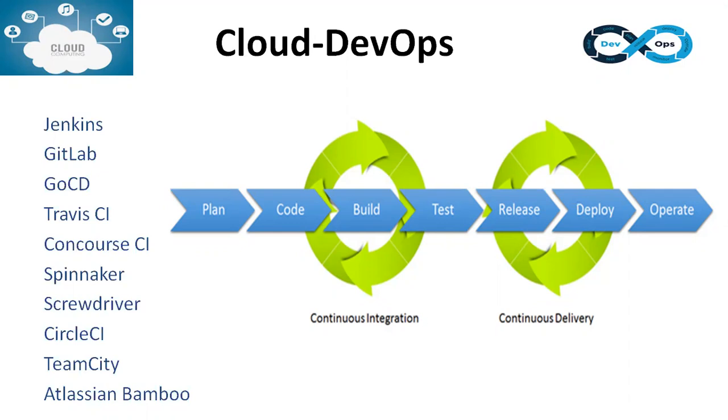And other tools like GitLab, which can store the code and do the build. GoCD, Travis CI, Concourse CI, Spinnaker, Screwdriver, Circle CI, TeamCity, Atlassian Bamboo, and very recently Microsoft Azure Pipelines. These all provide CI/CD functionalities.